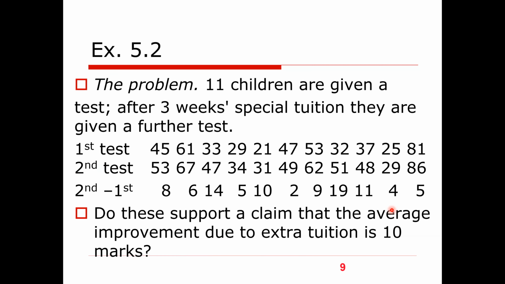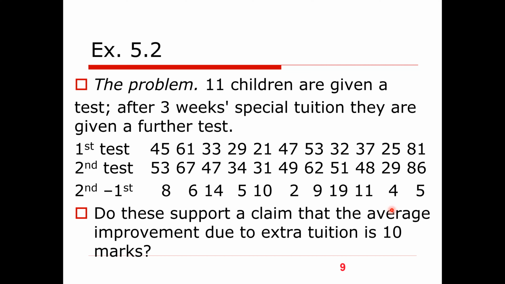So next example, let's look at another application in a different field, and it's used quite often in education. 11 children take a pre-test and a post-test. We pair them to see if the tuition makes any difference.